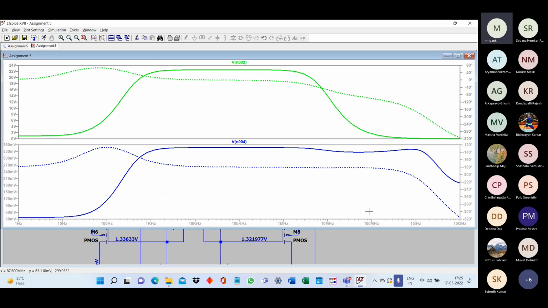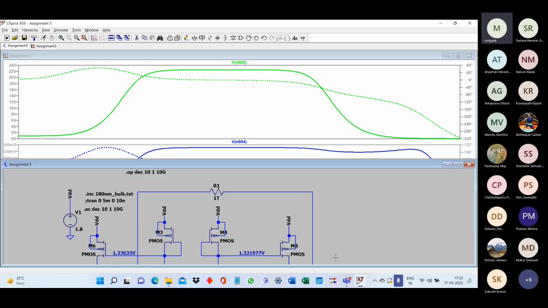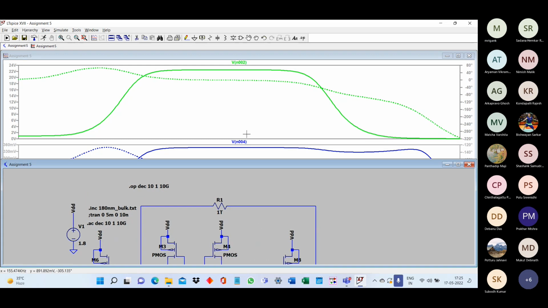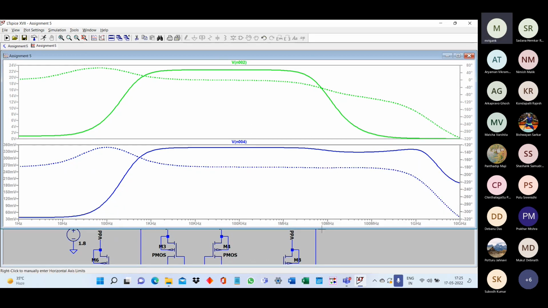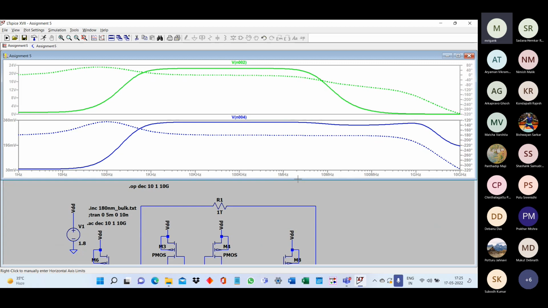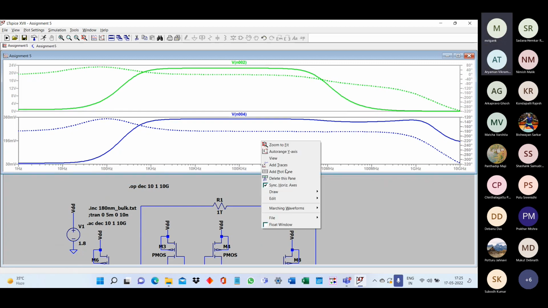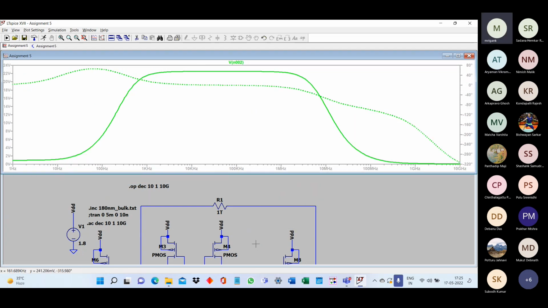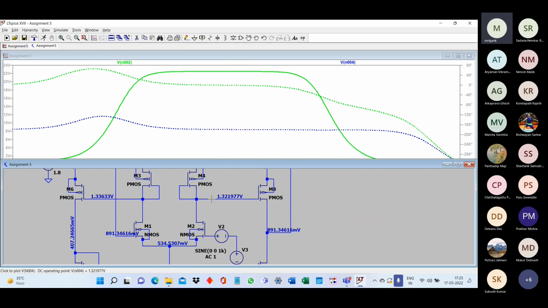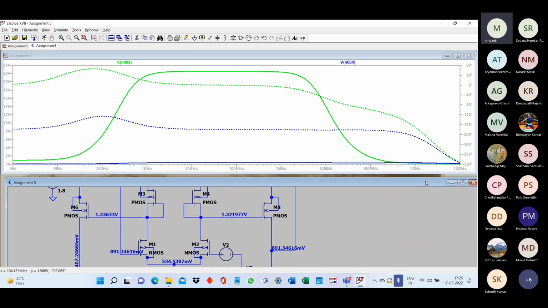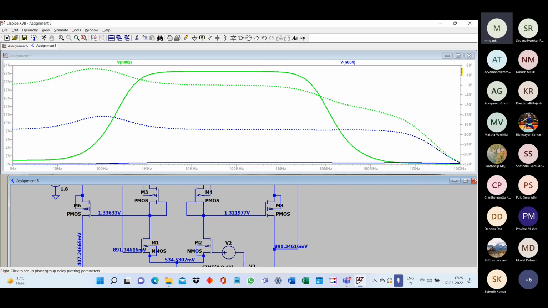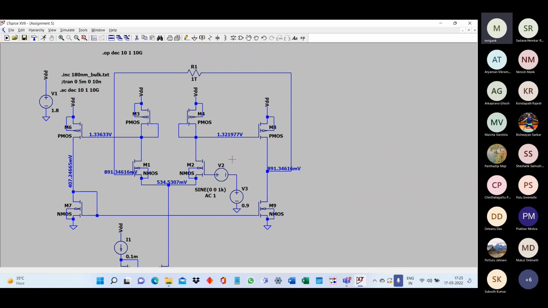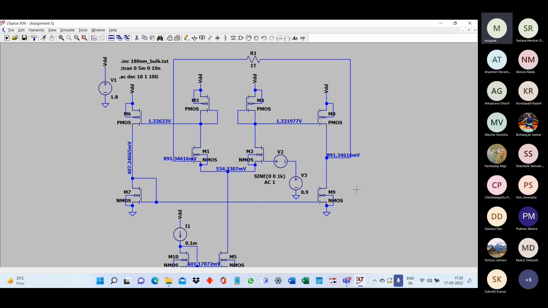Here, the mid-band gain should not have been affected so much. What you can do is, whatever DC bias you are getting right now after connecting this R, for example, right now you're getting 0.891, and the other input you are getting is 0.9.